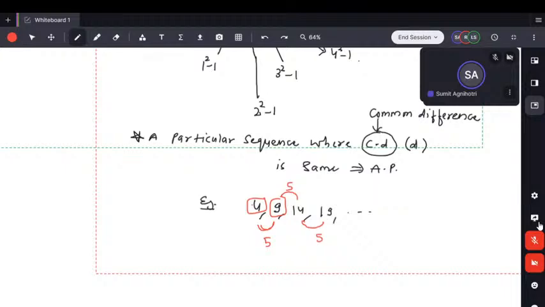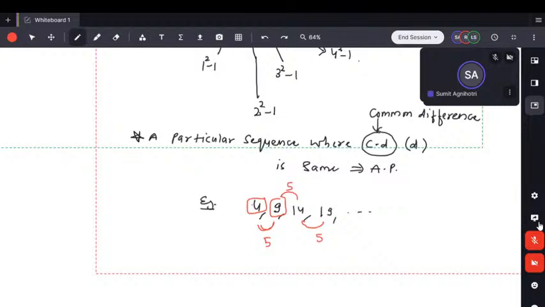Now if you divide the second term, that means next term, with the previous one, you will get 4 over 2, that is obviously 2. Similarly, you need to check whether you are getting the same thing if you divide third with second, and fourth term with third.